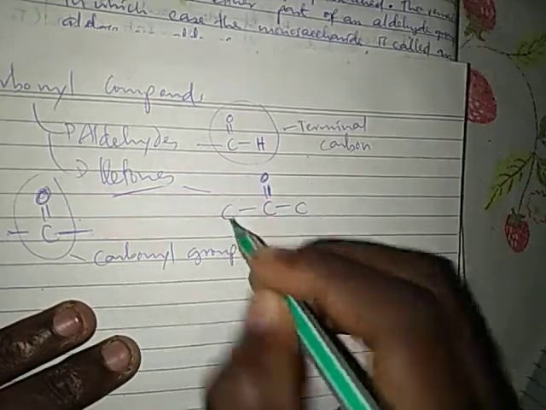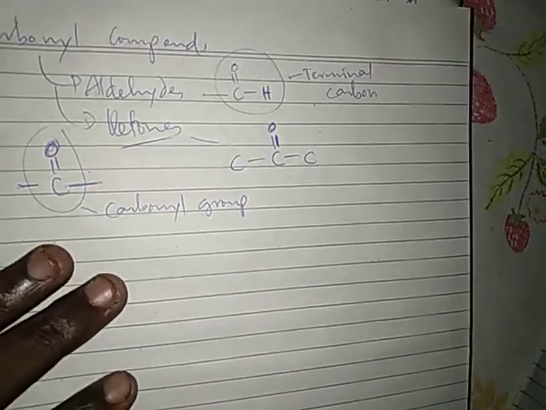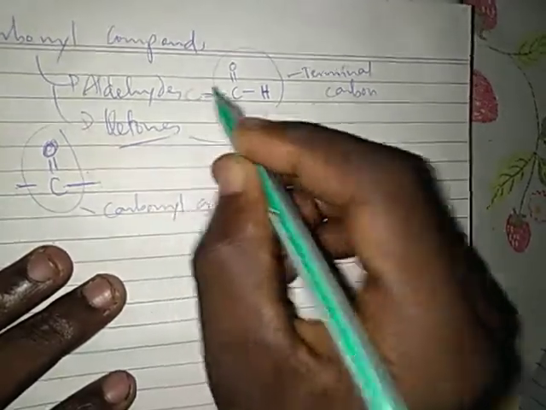In aldehydes, the carbon bonded to oxygen has hydrogen, meaning that this is the terminal carbon. But in a ketone, the carbon bonded to oxygen has another carbon on this side and another carbon on that side.